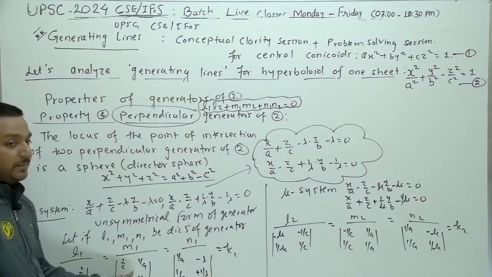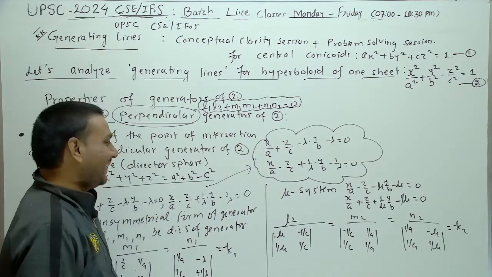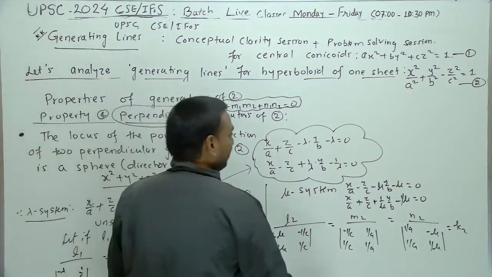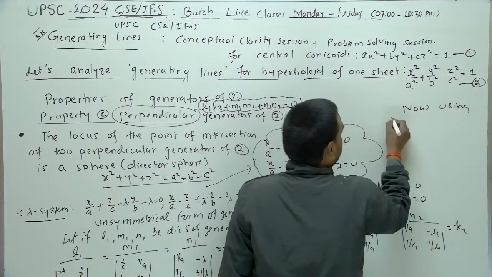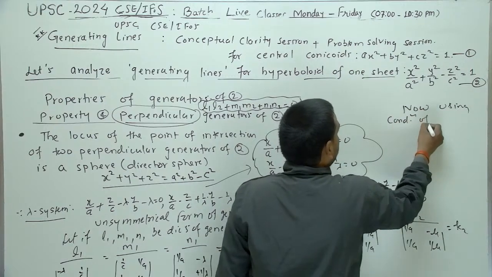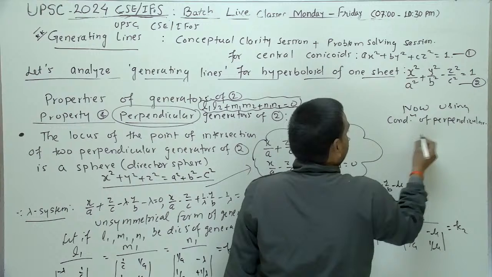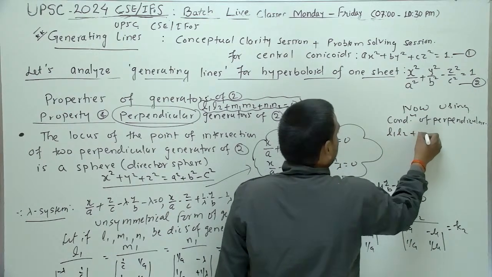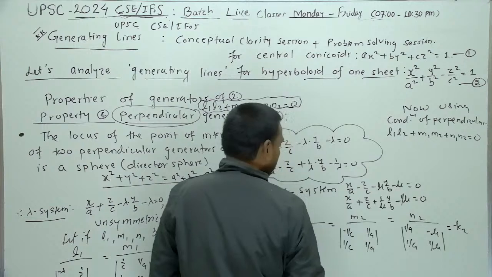So now the value of the determinant will not come? It will not come. Now what will we do? Now, using the condition of perpendicularity, that is L1 L2 plus M1 M2 plus N1 N2 equals 0.